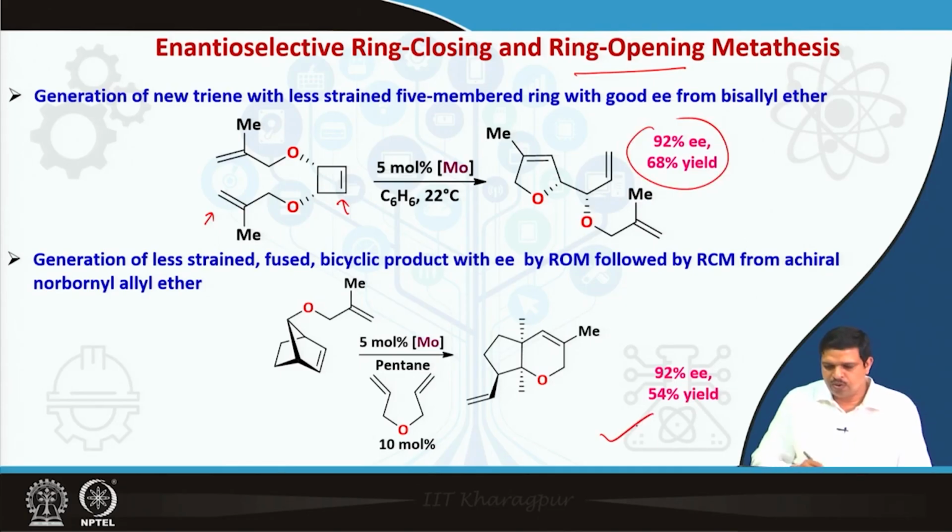Here also the same thing, using the chiral metal-carbene catalyst. These are examples of how you can design your catalyst to make it chiral and to make the reaction stereoselective.